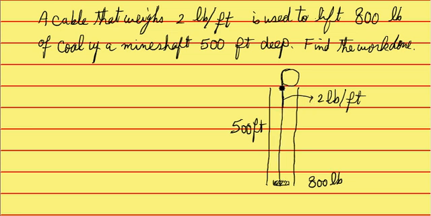So the total weight that you need to exert on this thing to lift it up is 1,800 pounds. By the time this has reached all the way up here, there's no more cable left, and you're just encountering that 800 pounds. So we need to take account of that.